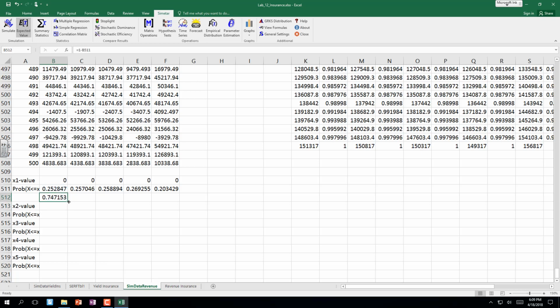So it says 74% of the time you're not going to get a premium or an indemnity. Okay. 26% of the time you're going to be below 0. Okay. 25, 25, 25, 26, 20. Okay. And it doesn't interpret the way I wanted it.